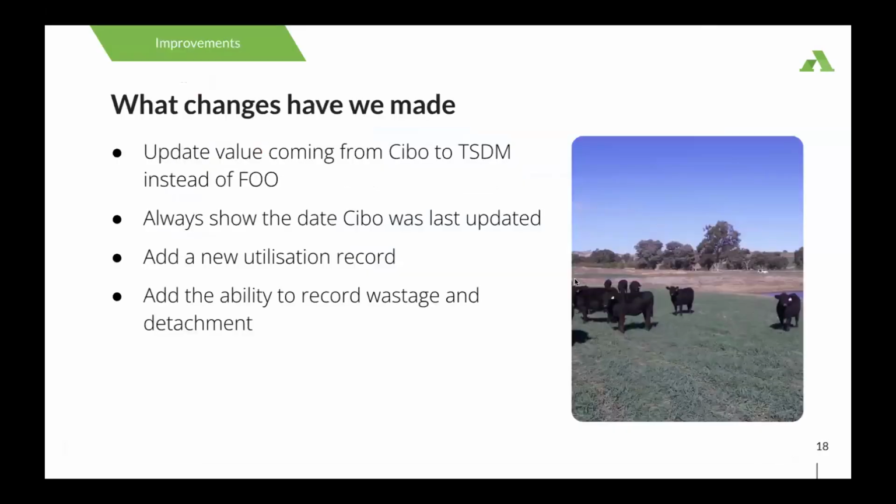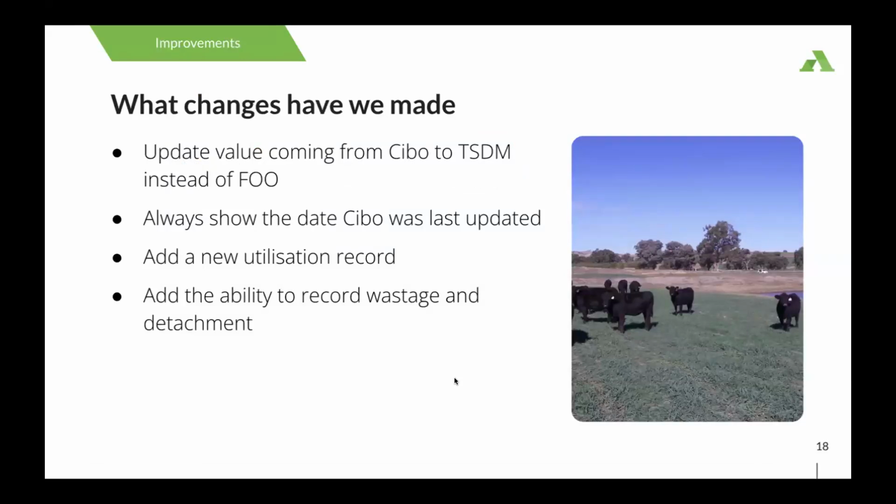So what changes have we made? Based on feedback we've been getting from customers, we have made an update to the value coming from SIBO to show total standing dry matter instead of just populating that feed on offer value that I showed you earlier. I'll take you through this in just a moment. We always show the date SIBO was last updated, so it's really clear if there's been a delay in getting a reading through. And we've also added a new utilization record.